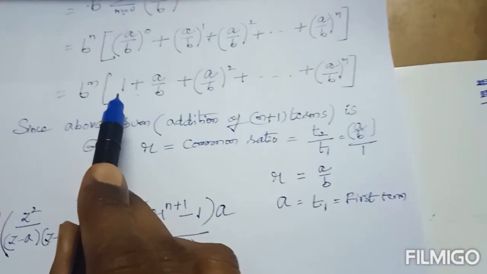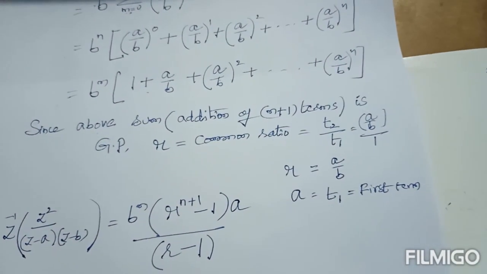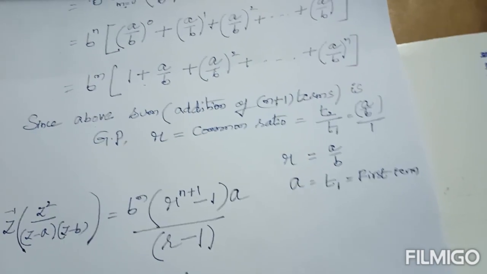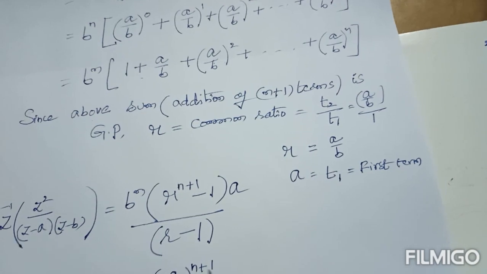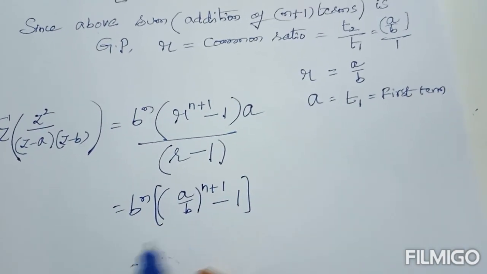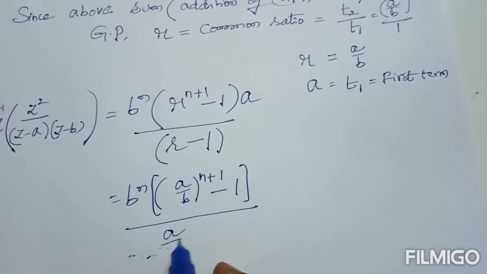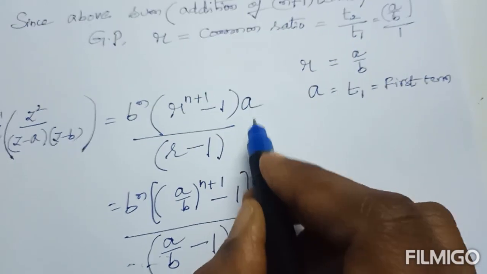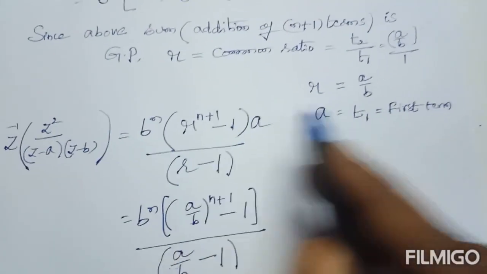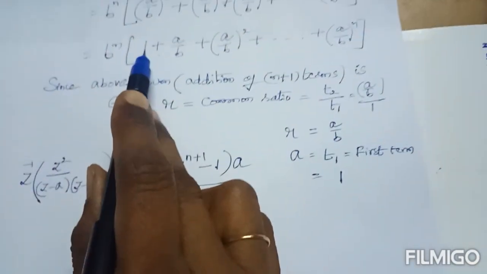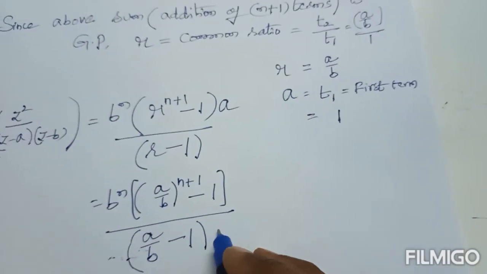Now in this series the first term is 1, so b^n times ((a/b)^(n+1) - 1) within brackets by (a/b - 1), where a is the first term value, which is 1 here.